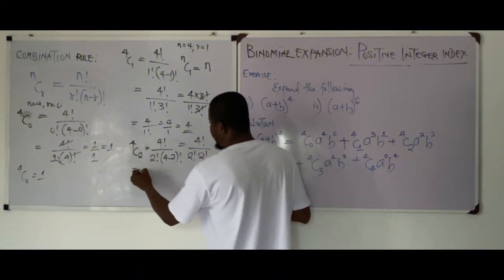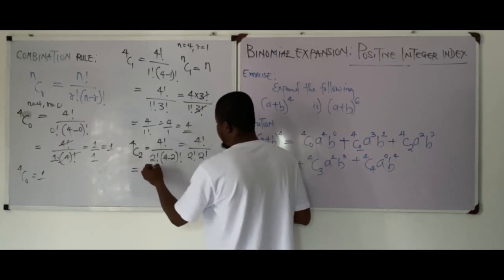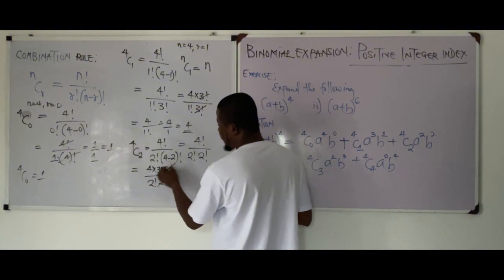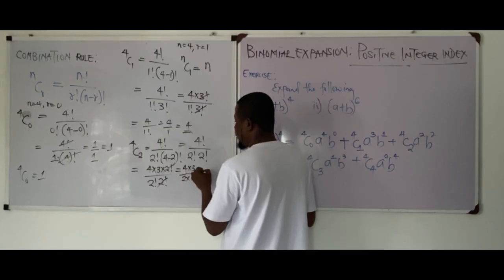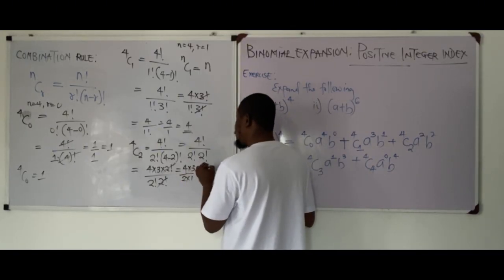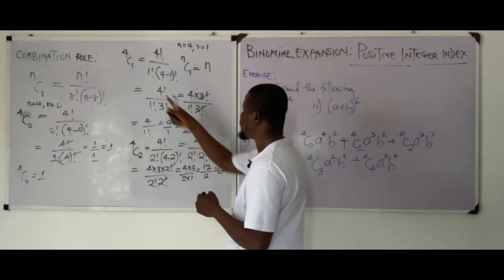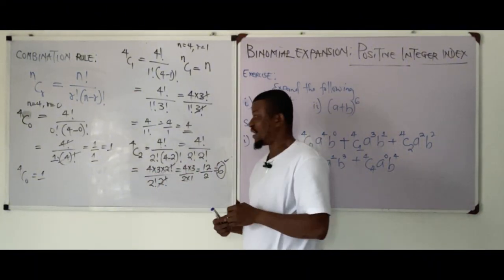This is 4 times 3 times 2 factorial over 2 factorial times 2 factorial. One of them clears this. I have 4 times 3 over 2 times 1, which is 12 over 2, and this gives me 6. So 4 combination 2 is 6. I hope that's what you got.